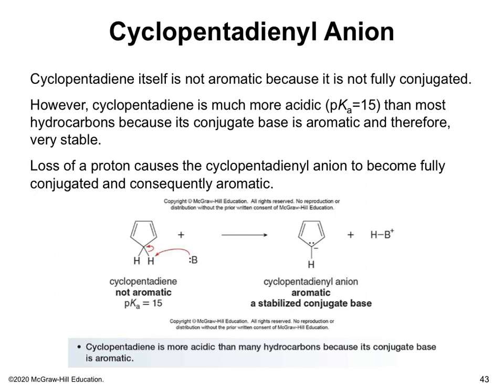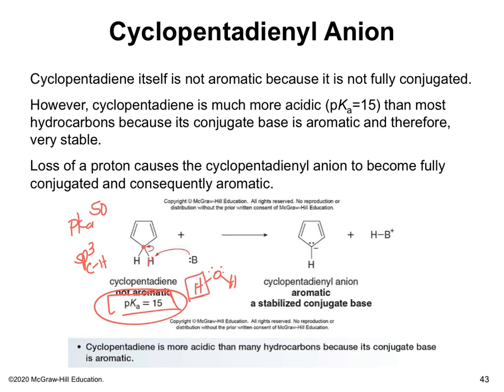So this also explains the pKa value. This is an sp3 carbon hydrogen. Do you see that? That's sp3. An sp3 carbon hydrogen pKa value is 50. But this one is 15. 15 is about as acidic as the proton on water. So why is that happening?